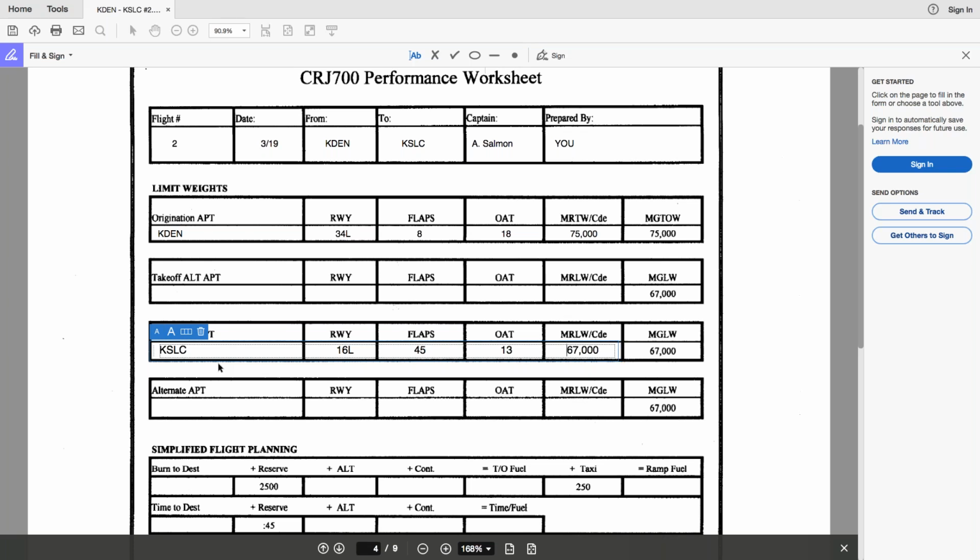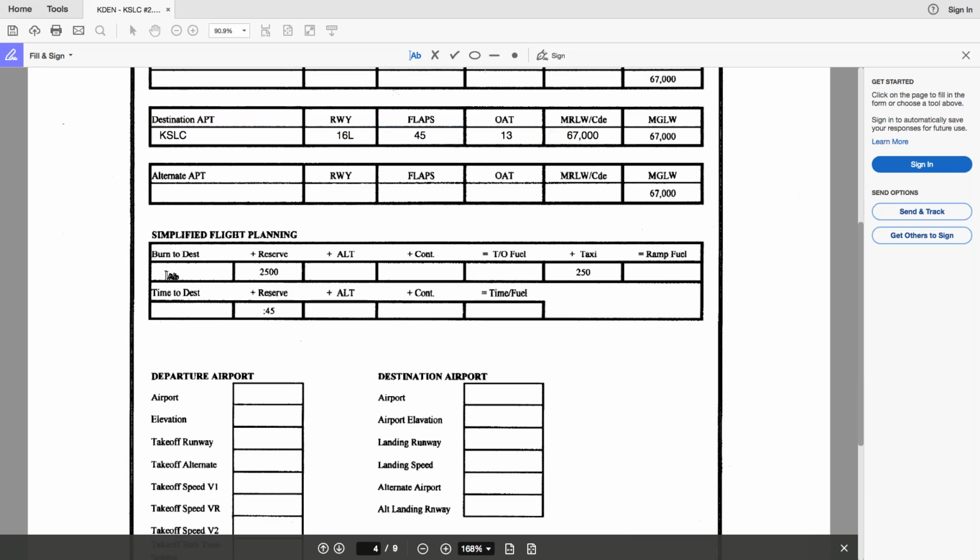Max runway management. Okay. Burn to destination, what did we figure out? 1633. Oh, sorry. Right, 3533. Okay, we didn't have an alternate. We didn't add contingency fuel because there's no weather en route. No traffic, whatever.